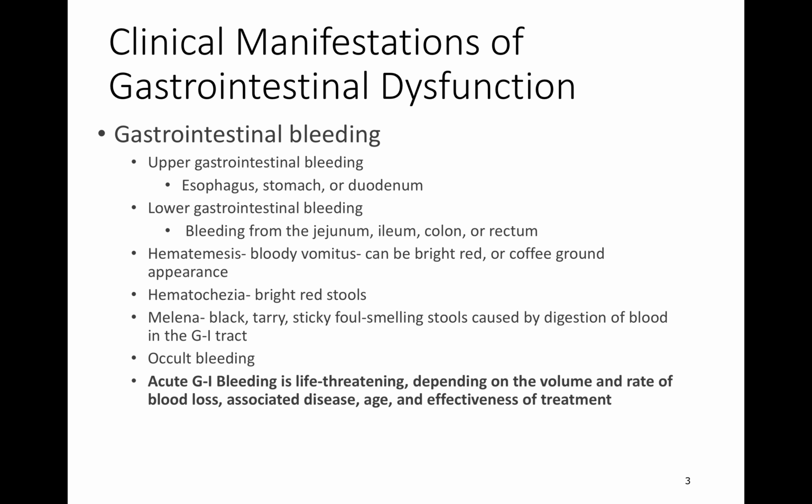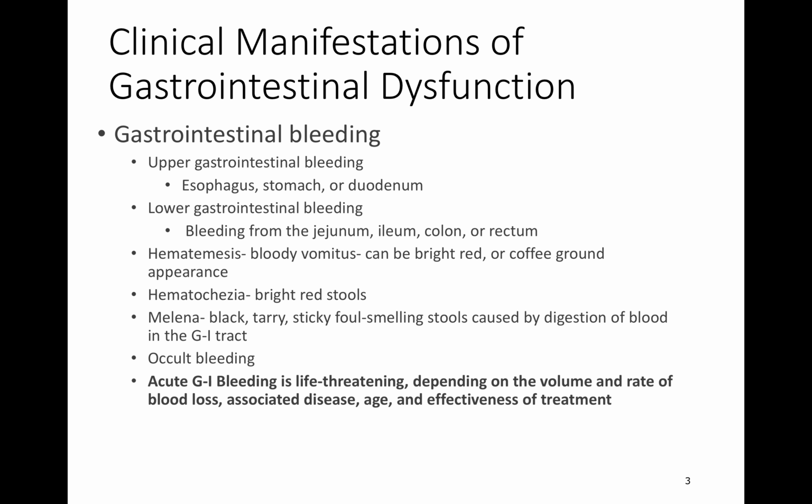And when it's coffee grounds, it's black, and that is, they think, affected by the stomach gastric juices. Hematochezia is bright red stools. And then melena is black, tarry, sticky, foul-smelling stools. So we can have two different types of stools looking two different ways where there's bleeding in the colon and the small and large intestine.